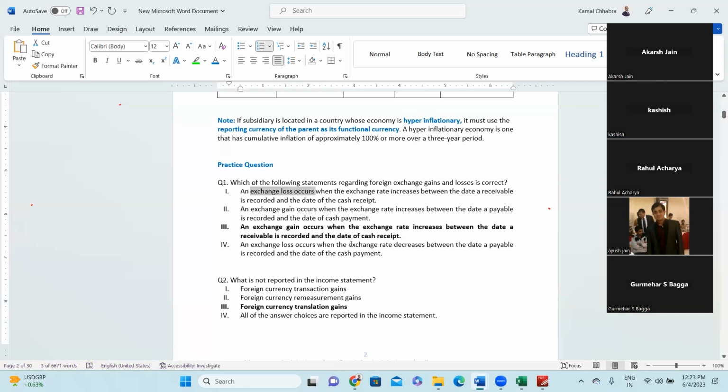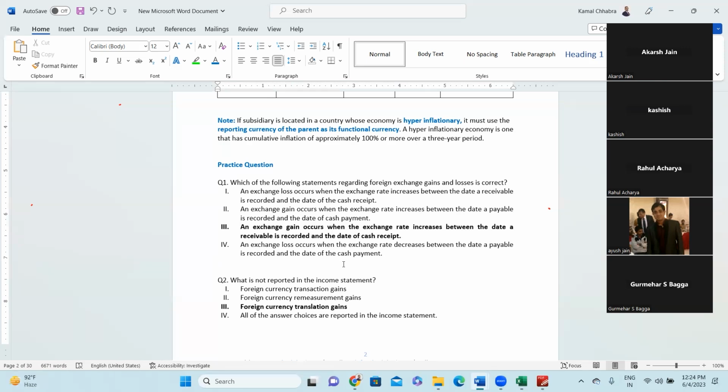Second option is an exchange gain occurs when exchange rate increases between the date a payable is recorded and the date cash is paid. So this will be an exchange loss, right? Third is an exchange gain occurs when exchange rate increases between the date of receivable is recorded, which we were discussing. Right. Hence third option is right.